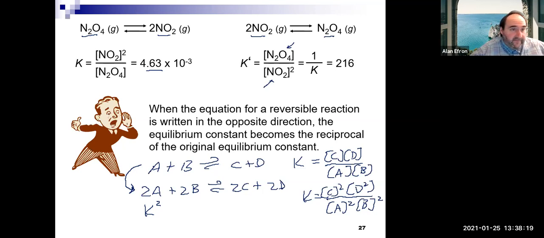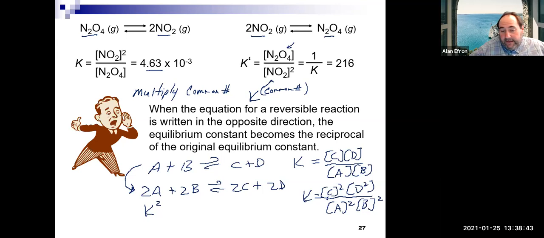Multiply by 4, take the K value to the 4th power, and so forth. So another very common sort of manipulation is if you multiply the reaction by a common number, you take the K value to that common number up on top.